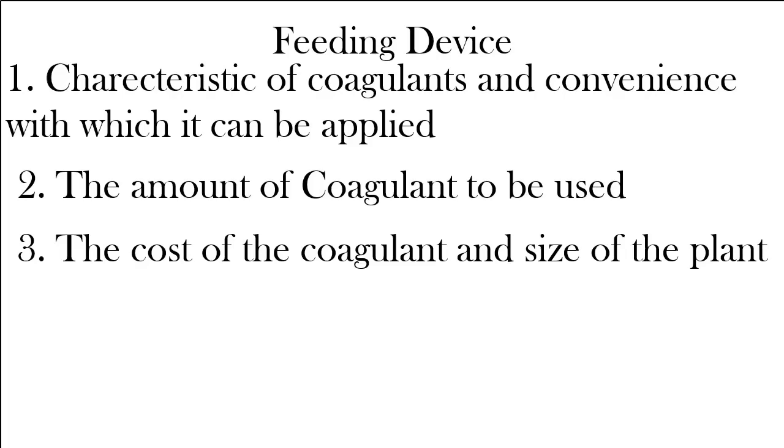When you are thinking of a big project, where the size of the plant is very big and the cost involved in the coagulation plant is very big, then you will not worry about how much the feeder costs. Therefore when the plant is very big, you can go for wet feeder. If the plant is very small and very little water is treated, then you can go by dry feeding. No need to spend money on that.